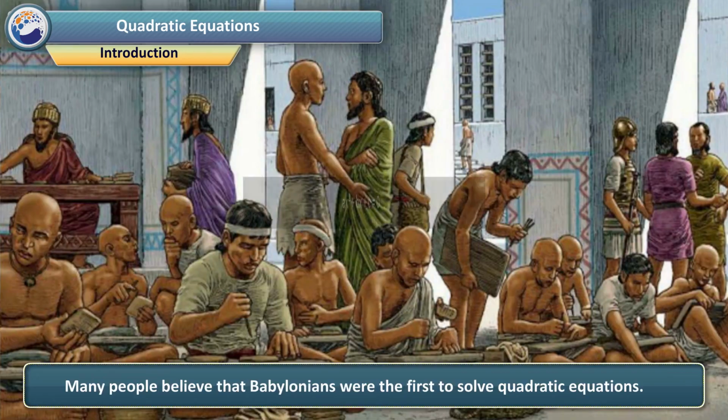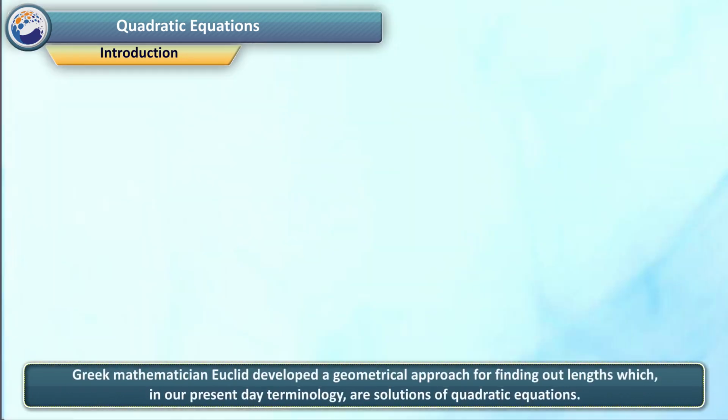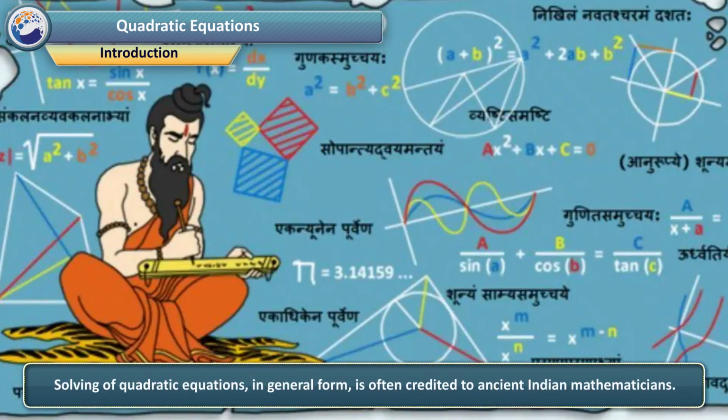Many people believe that Babylonians were the first to solve quadratic equations. Greek mathematician Euclid developed a geometrical approach for finding out lengths, which in our present-day terminology are solutions of quadratic equations. Solving of quadratic equations in general form is often credited to ancient Indian mathematicians.